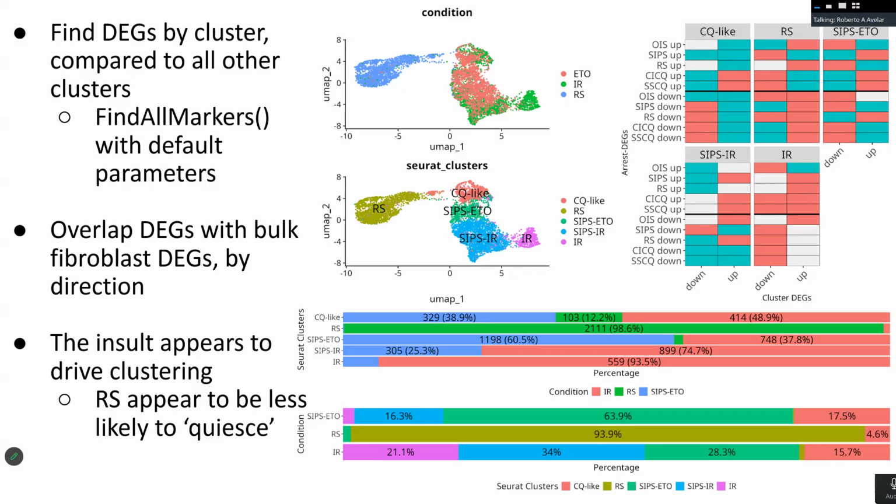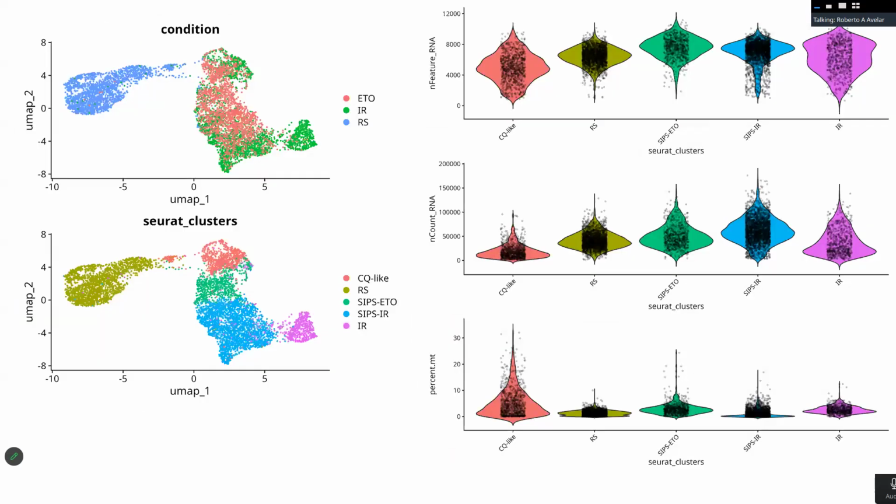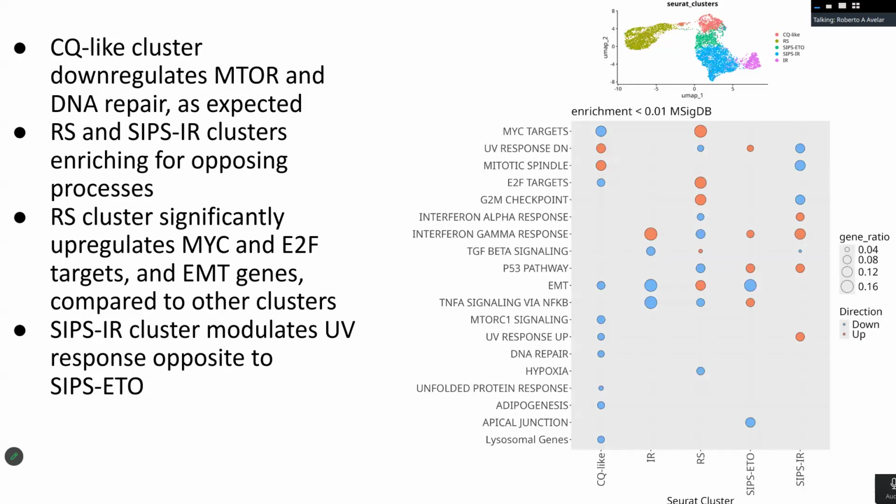I'm not sure why that is. It also seems to be that the stressor is impacting where the cell clusters, right? And so, for example, only 12% of the quiescent-like cluster comprises replicatively senescent cells. So for whatever reason, these DNA damage phenotypes seem more happy to quiesce or enter this quiescent-like state. So why do I think this cluster is quiescent? I'll jump back to this slide in a second.